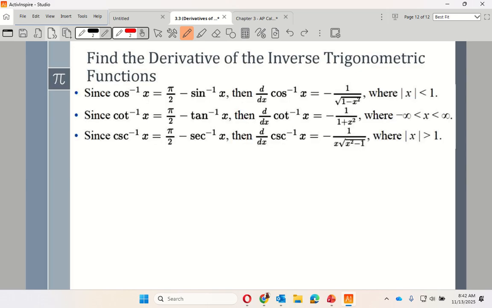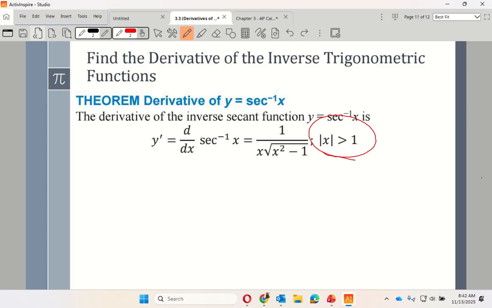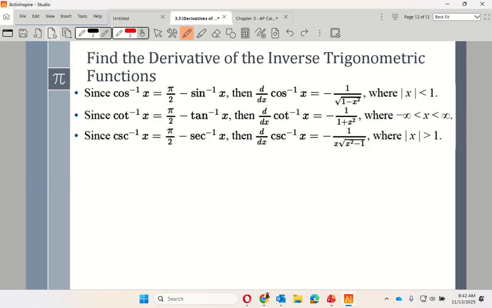And here is the full list of all 6. You've got to remember all that. I highly recommend it. Because of the 3 that we didn't do, for our cosecant, there's a negative right here, which if I look at the secant, there's no negative here. X squared minus 1 inside, x squared minus 1 inside.